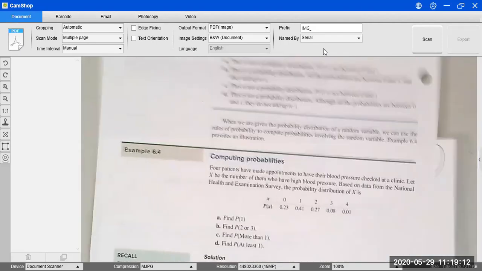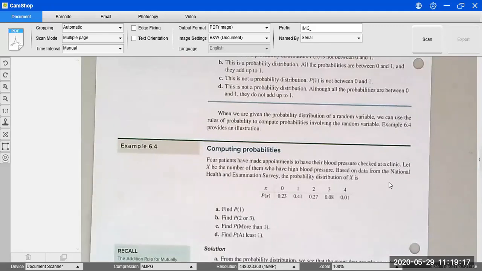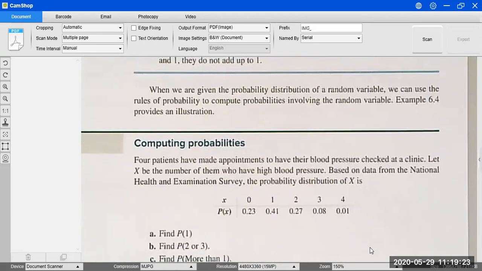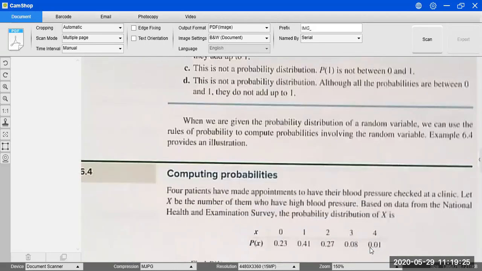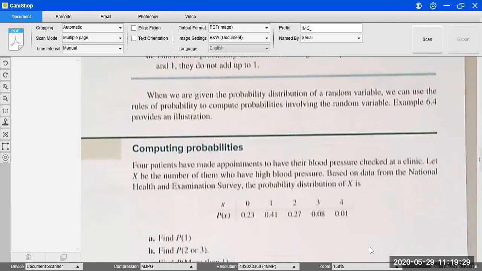Example 6.4 is on page 256, and we're going to continue reading very, very carefully every problem. So this example 6.4 is this one here.